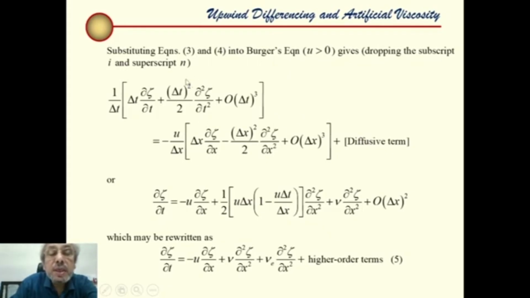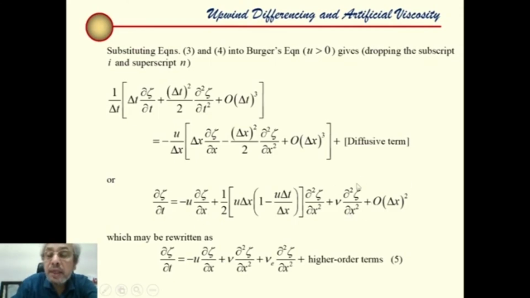Now, if that is not completely ignored, then from these two terms we will get this. How? We'll explain in the next slide. So what we can say is that ∂ζ/∂t equals minus u ∂ζ/∂x. On the right-hand side, the first term has been taken up.